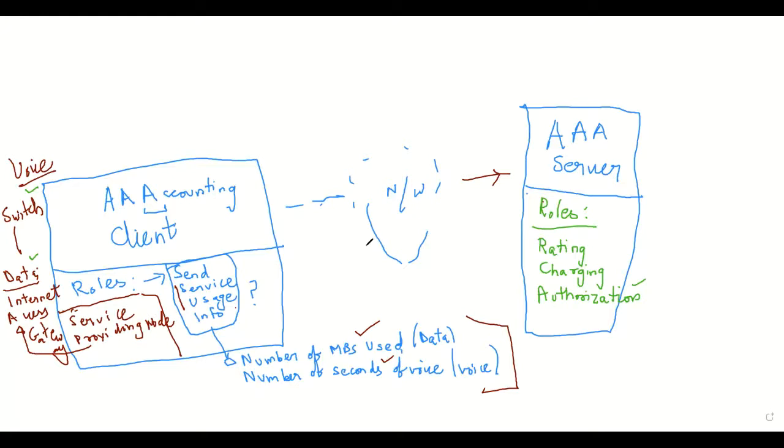And that is correct. That is largely correct. However, there are some overlapping use cases which we'll see, where authorization based on accounting data is needed. We'll see. So this is the role, and then integration with billing.